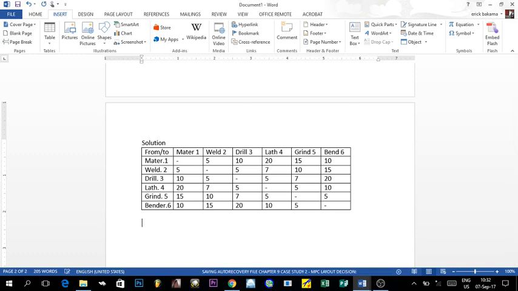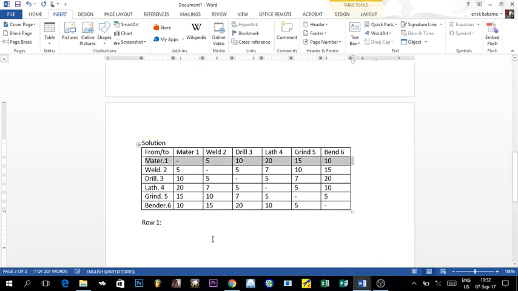The first thing that we'll be doing, we work first of all for row 1. Row 1 will be our row here based on the table. It assumes that in room 1 we have the material, but what is the distance between room 1 and room 2? We are not working from room 1 and room 1 because it's the same room.